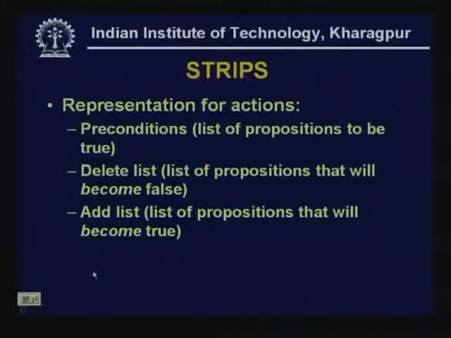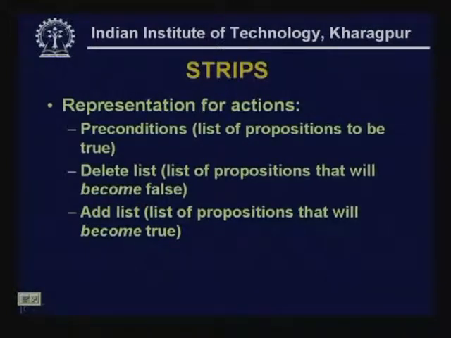You have already seen how theorem proving works. However, theorem proving may not always be a very efficient method of solving the planning problem. So, what we will do in this class is to explore different direct methods of solving the planning problem.